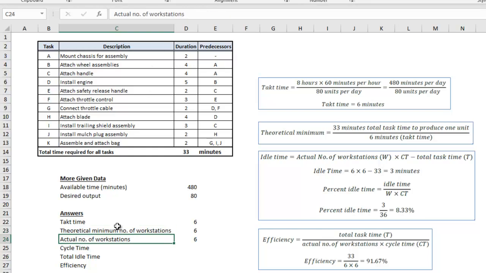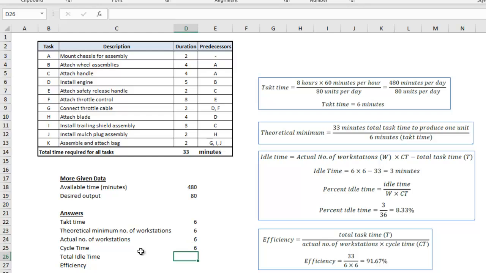Now the cycle time is nothing more than the maximum time that is assigned to any given workstation. We saw that there were several workstations that had 6-minute total time. It could have been a task of 4 minutes plus a task of 2 minutes within the same workstation. So I'm just going to put 6 here as our cycle time.